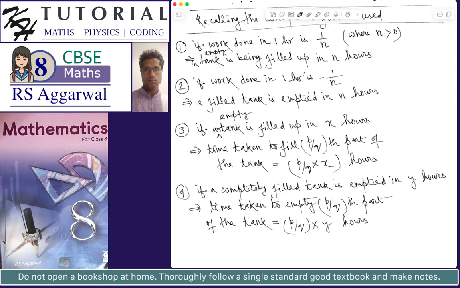So if a filled tank is being completely emptied in y hours, then the time taken to empty p by qth part of the tank is p by q multiplied by y hours.